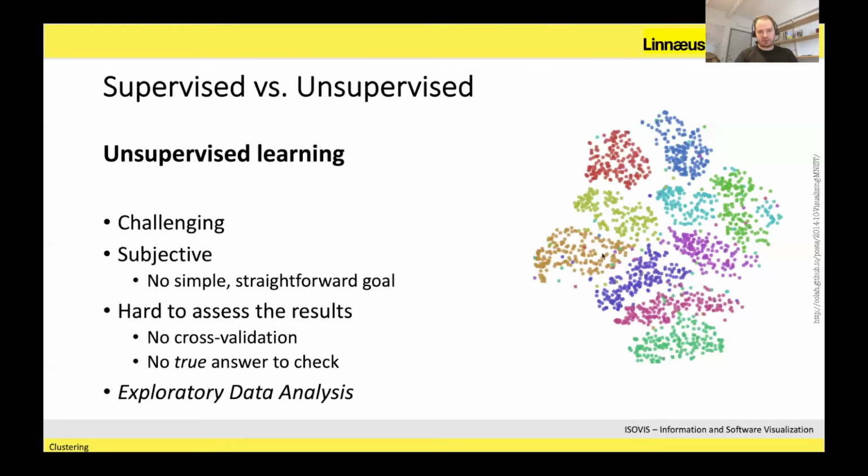For example, if you look at the picture on the right side, you can see that there are clusters separated in different colors. But just imagine, what if there were no colors in this picture? What if I didn't give you these colors? Would you really be able to separate this cluster from this one, for example, the green one from the pink one? Or the light blue one from the green one? Because the light blue is broken into two pieces here, and there's a green one in between.